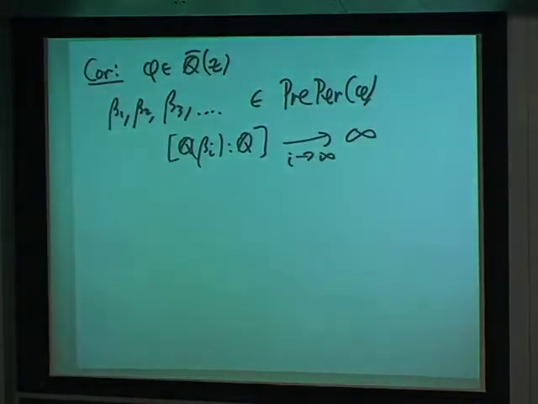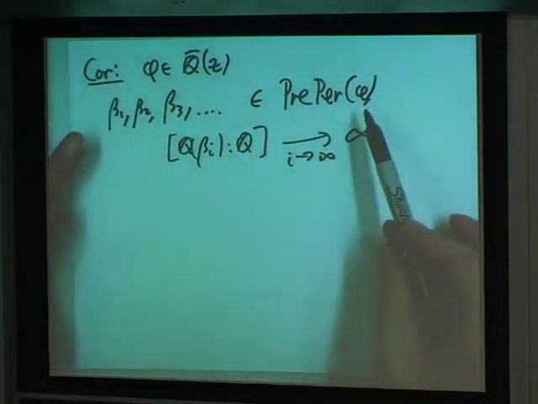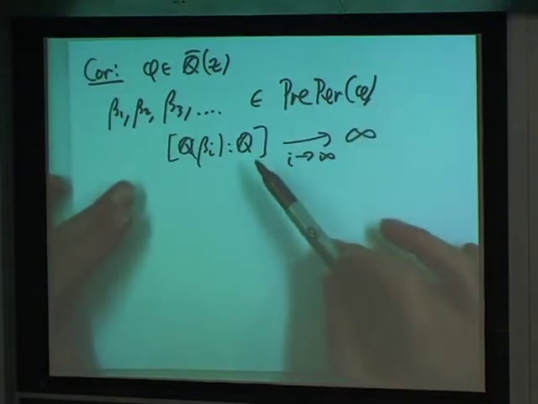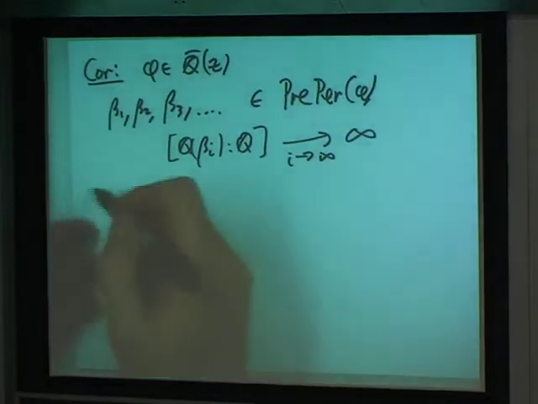I mean, this is just kind of turning around. Well, it's a little bit weaker than Northcott's theorem, but Northcott's theorem says that the set of pre-periodic points has bounded height. So there are only finitely many of them of bounded height and bounded degree, therefore the degree has to go to infinity. So this just follows from standard period of heights.